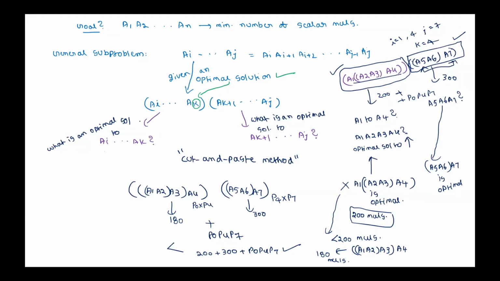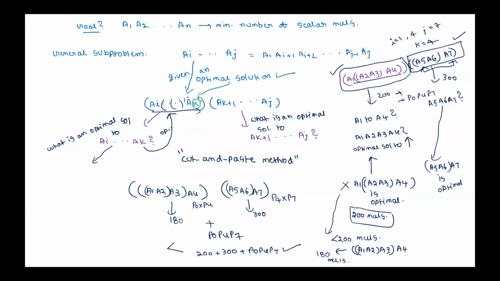So in general, now you tell me what is the optimal way to multiply Ai to Ak? Whatever parenthesization is followed, whatever order is followed, the same order we follow and multiply. That itself is optimal. That means the optimal solution to this is contained here.